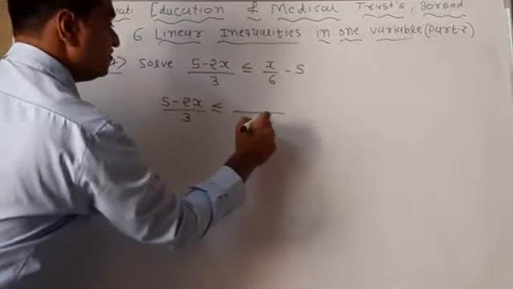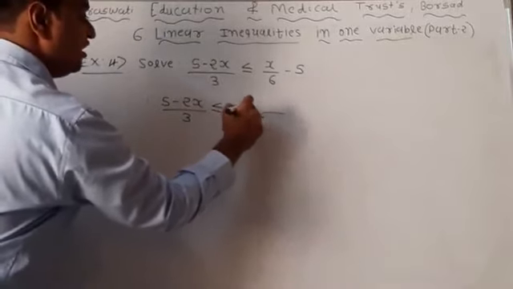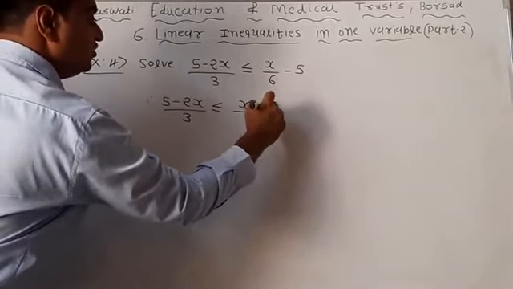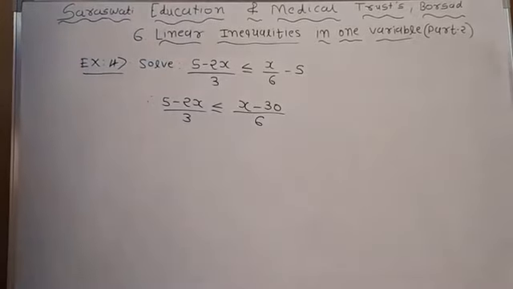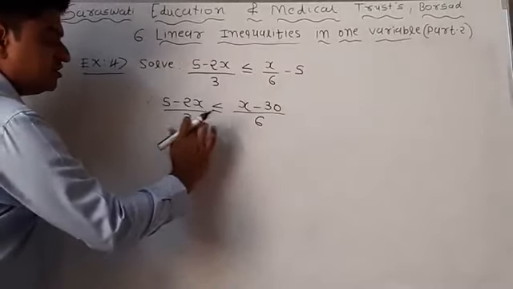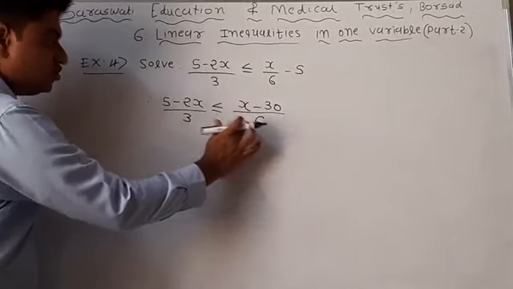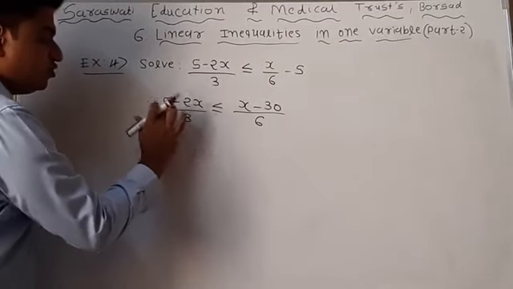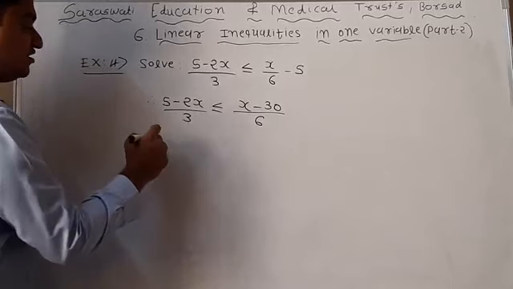So 6 we can take as the LCM, and here write 6 fives are 30. Now here 3 is present, and 6 is present, so multiply by 2 and we get 6.